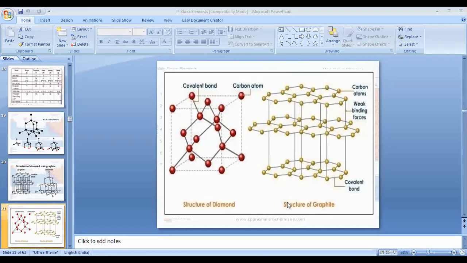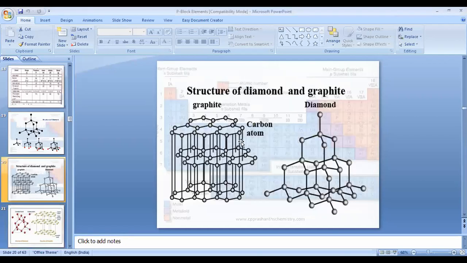The weak van der Waals forces acting between the successive layers are responsible for the soft nature of this graphite structure. So here, this distance which is shown in this structure, these straight lines indicate that there is a weak van der Waals force which exists between the successive layers.